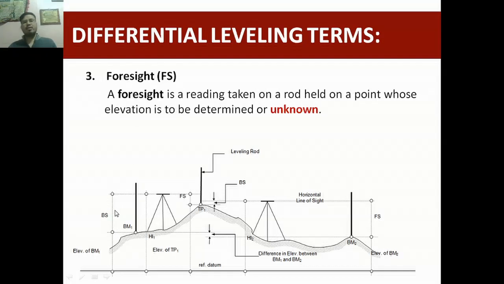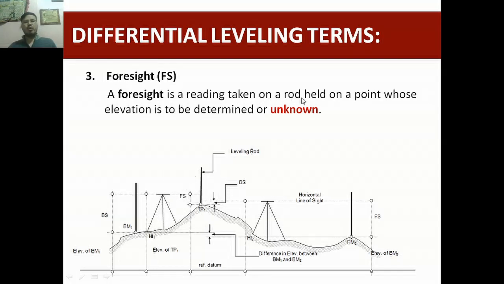Next, we have the foresight. A foresight is a rod reading taken on a point whose elevation is to be determined or unknown. For example, this one, we have TP1. Its elevation is unknown, so any reading on that point is taken as foresight.